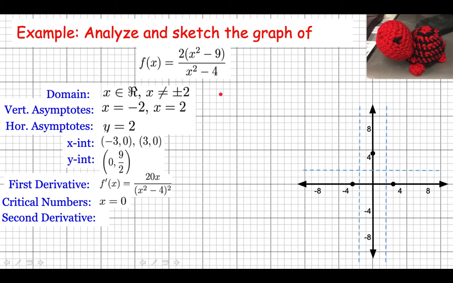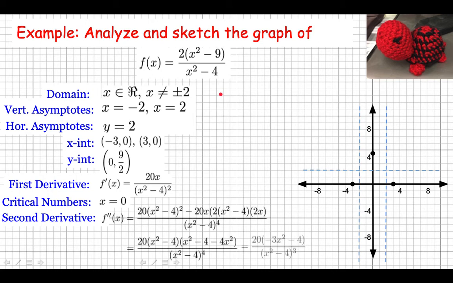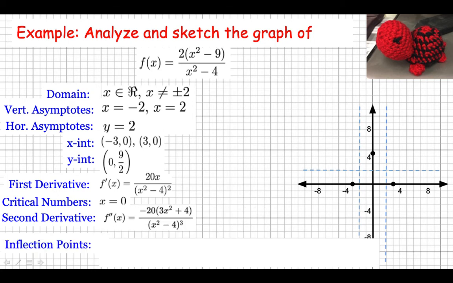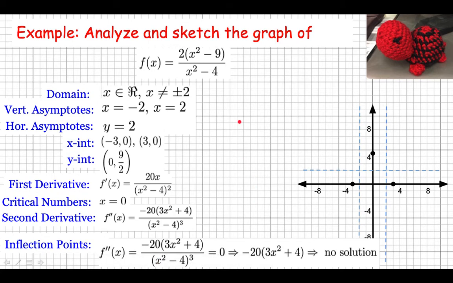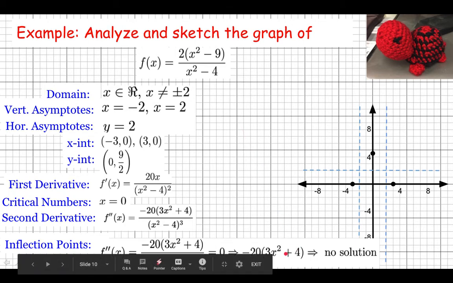Do the second derivative. We got the quotient rule again. So again, where it doesn't exist are the points that aren't in the domain. So we look at where the numerator equals 0. And you notice the numerator can't equal 0 because we got 3x squared plus 4.